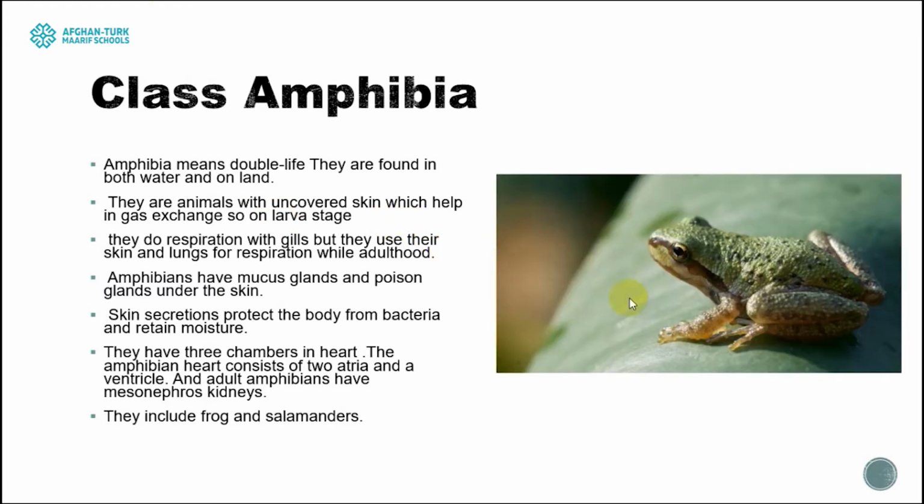As I told you before, frogs are from amphibians, and as you can see, they got a really interesting structure of the skin, and as I told you before, they got two stages for their life. The first stage is inside water and the other stage is outside water. While they are inside water, they are using gills for respiration.